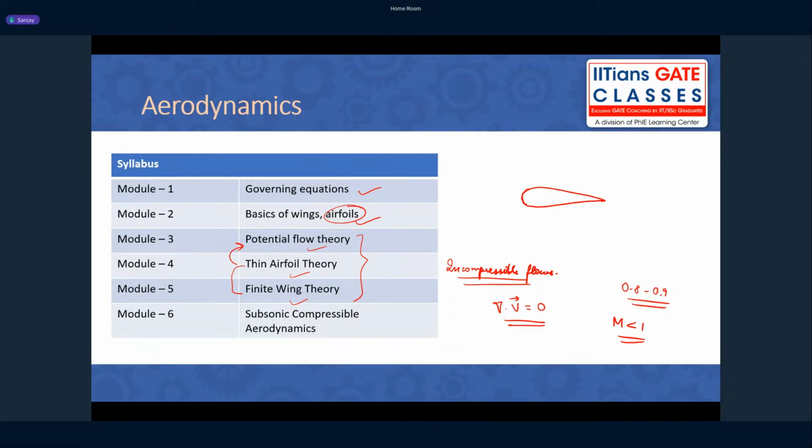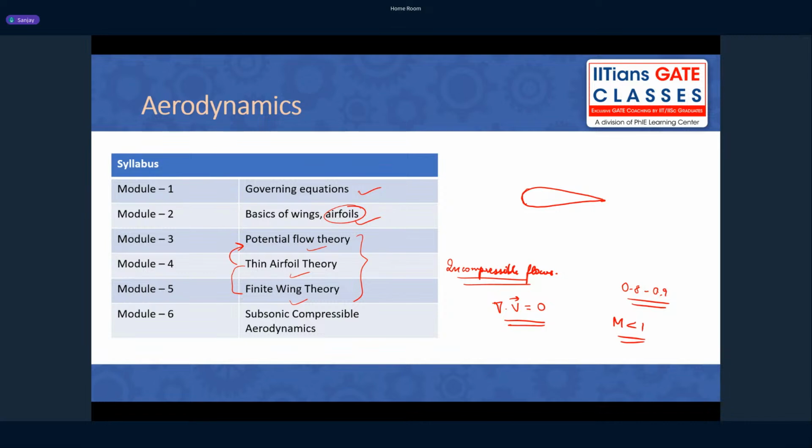Any idea? We know that 0.8 to 0.9 itself is not incompressible, right? So obviously the Mach number is below that. So which is that Mach number above which?